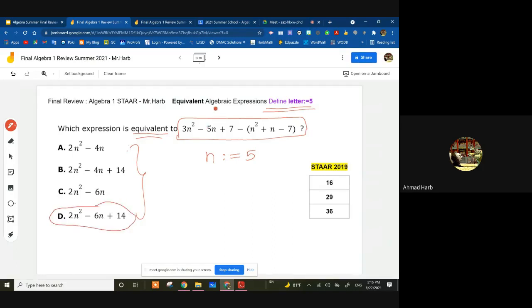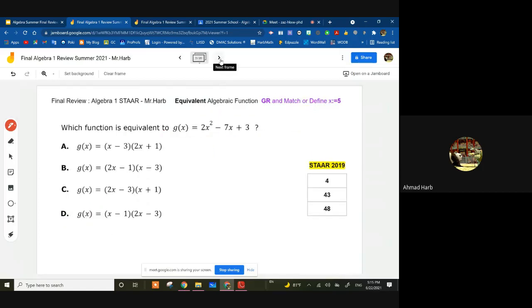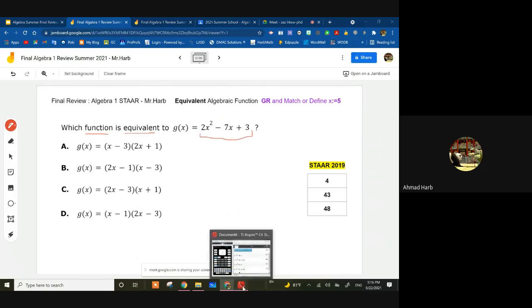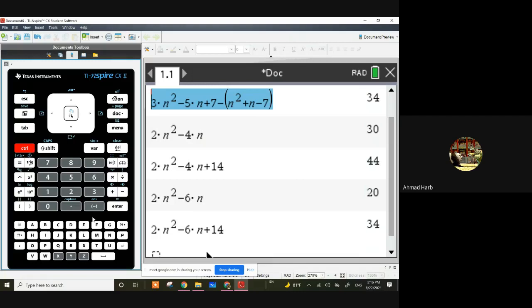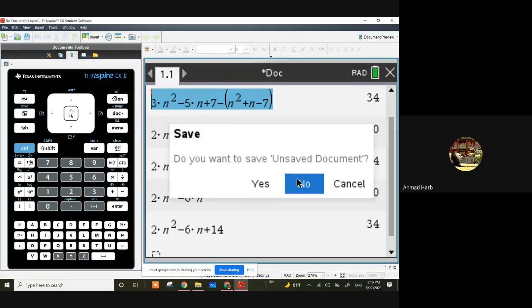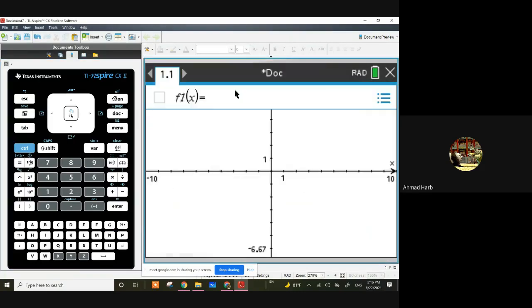Now the next question is also asking you which function is equivalent to the function given. We agreed in class that once you have an equal sign, automatically you're going to use the graph. So let's try the graph now. Control N, add a graph, because now it's a function.